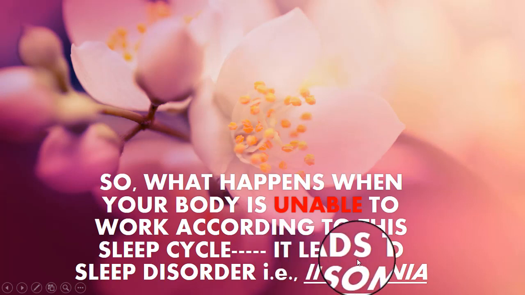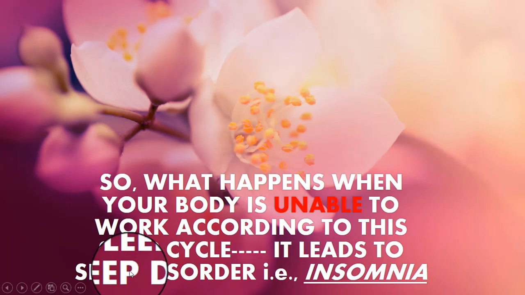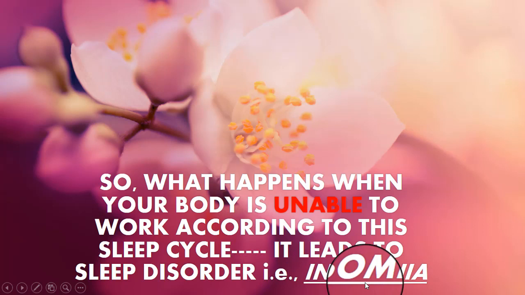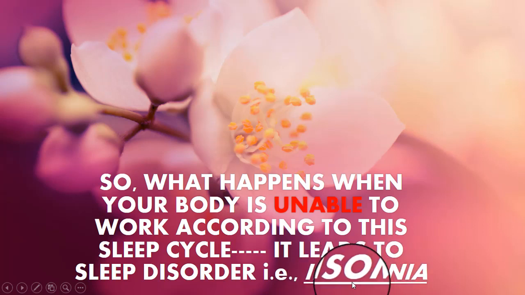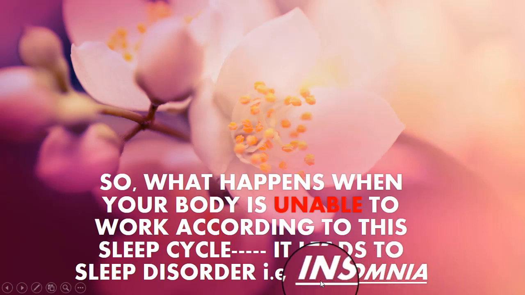When your body is not able to cope with the sleep cycle, it leads to a kind of sleep disorder in your body, and that is called insomnia, which is our basic topic today. Now I think it's clear what insomnia means. Whenever your body is unable to work according to the sleep cycle, it leads to a sleep disorder called insomnia.